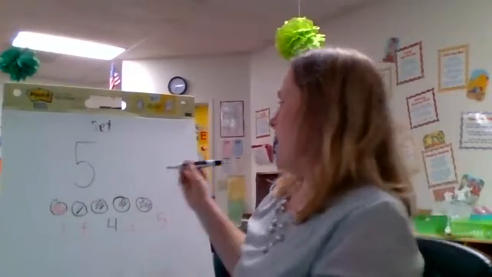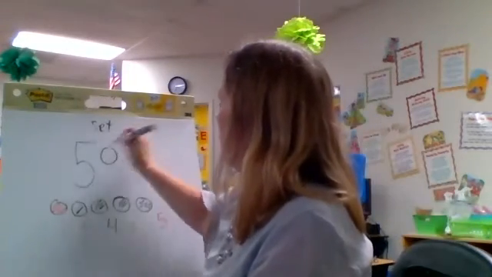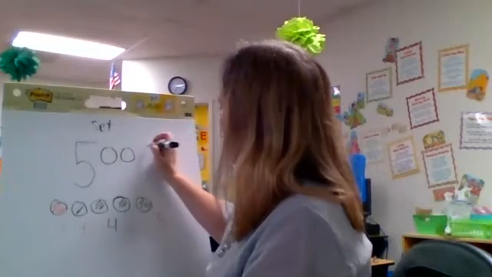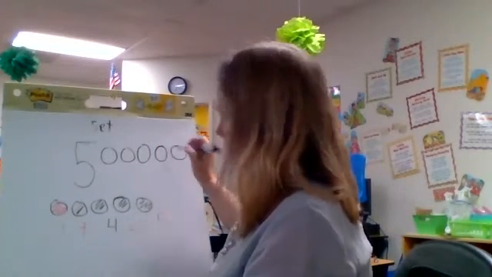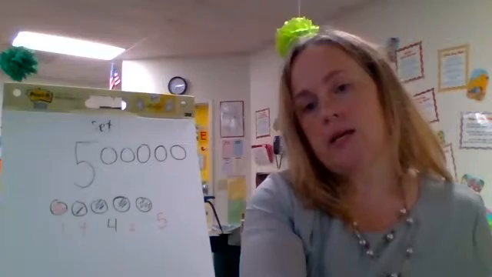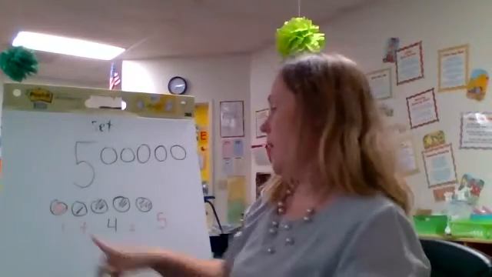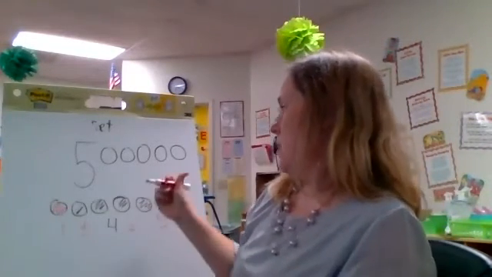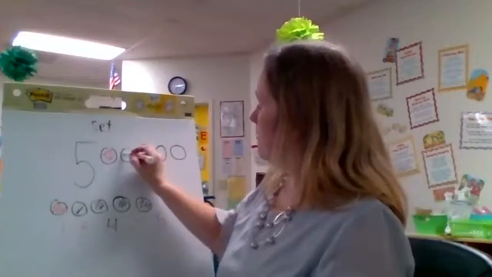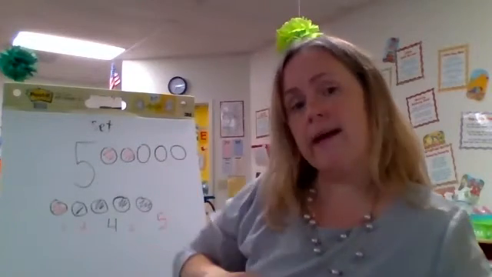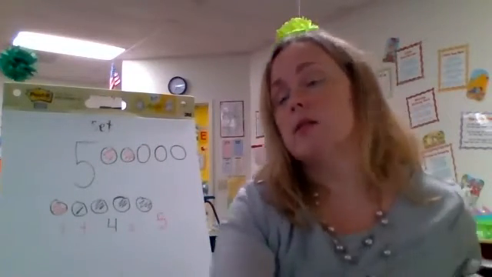Let's explore another way to show 5. 1, 2, 3, 4, 5. Now this time I'm going to use my red, and instead of coloring 1 red, I'm going to color 2 reds. And what color am I going to color the other ones?